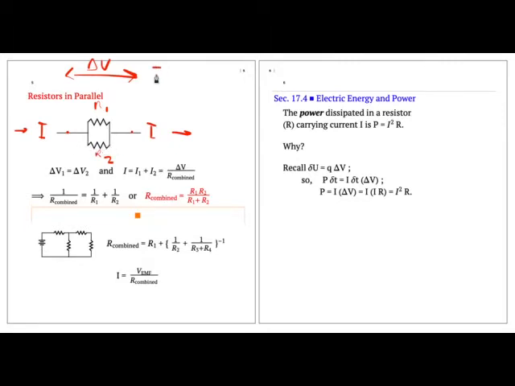So delta V is delta V1, and it is delta V2. Because there's no resistance in the ideal wires, there's just resistance in the resistors. So the potential difference from this side to this side is the same for the two resistors.